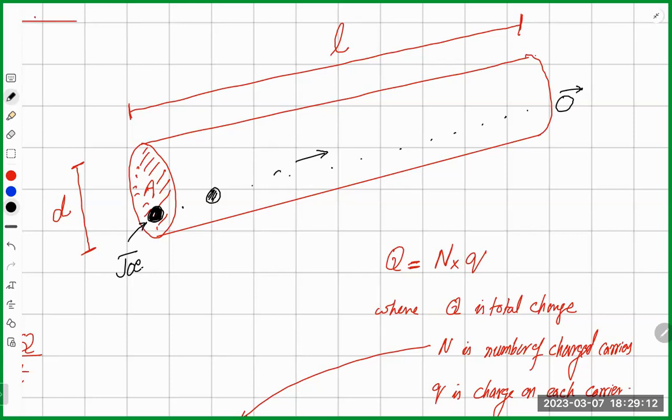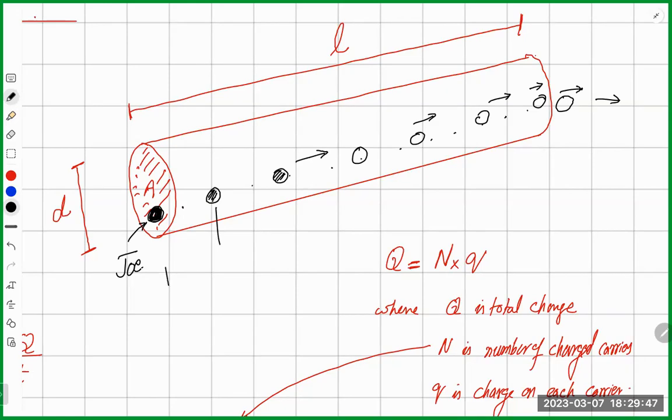So Joe will be pushed to the next position and next position. And the electrons are getting out as well. With any new electron coming in, one more electron is going out. All the electrons will be having a push in the forward direction. This kind of movement is called drift.